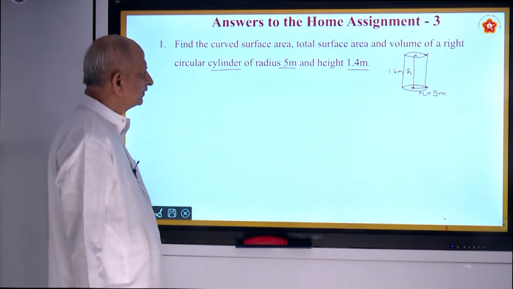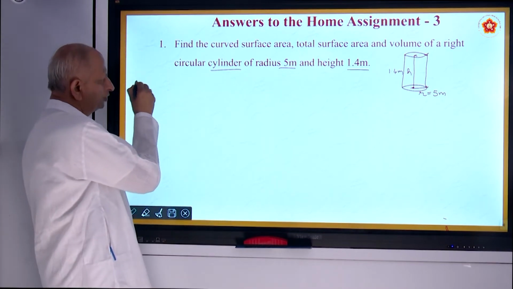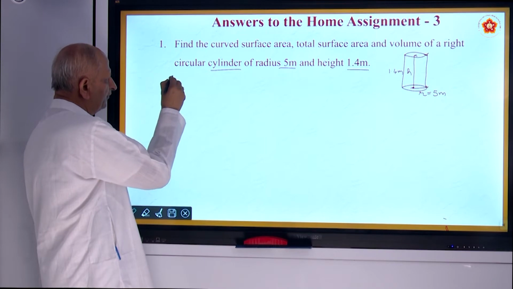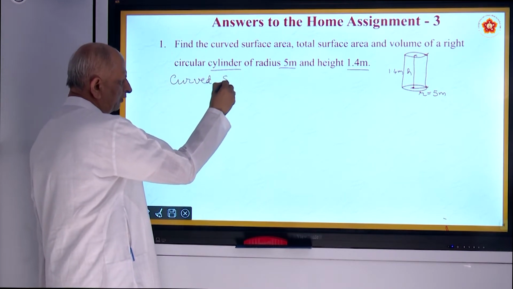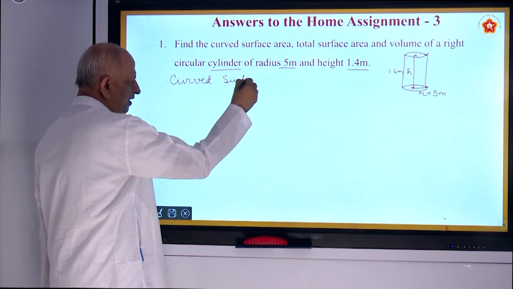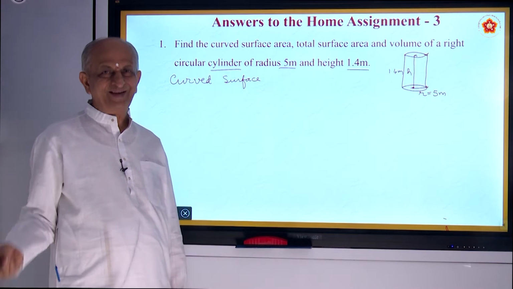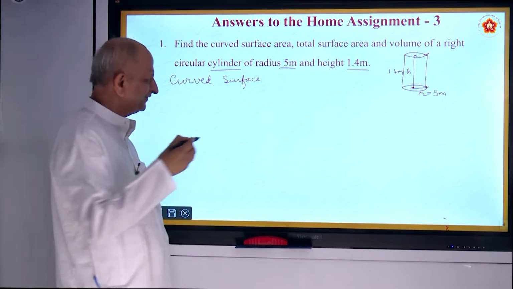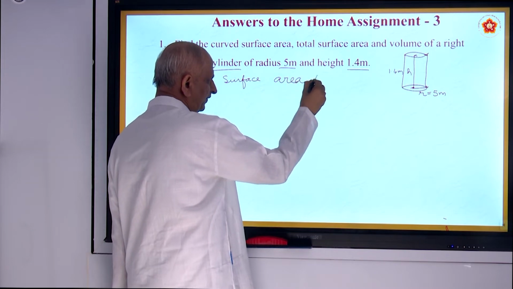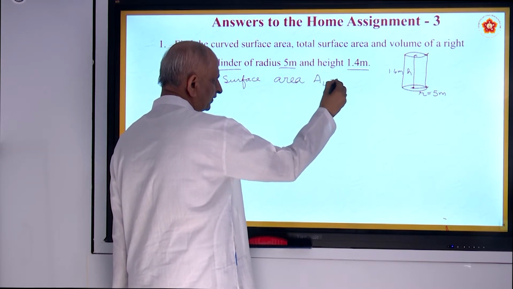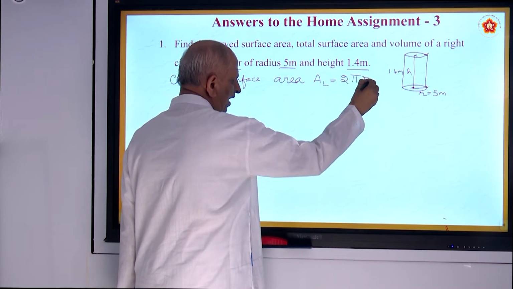Correct? Now you are asked to find the curved surface area. So what is the formula for curved surface area? What is the other name of it? Lateral surface area, is it not? So curved surface area we call it as AL is equal to 2 pi r h.